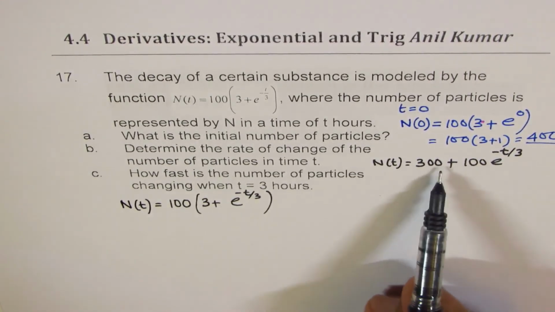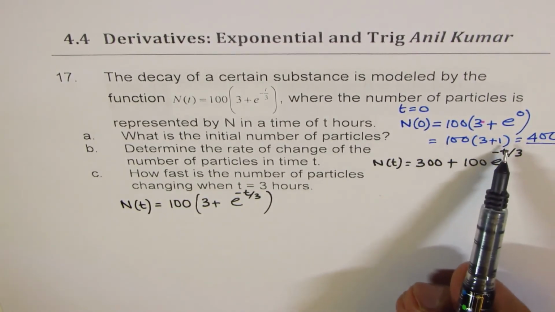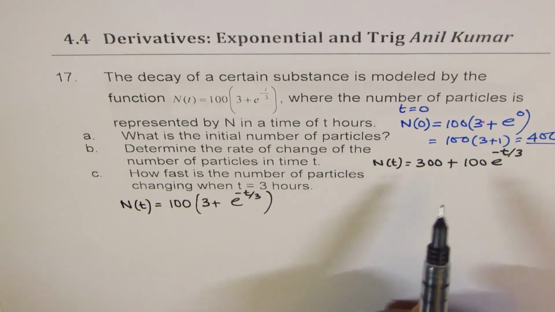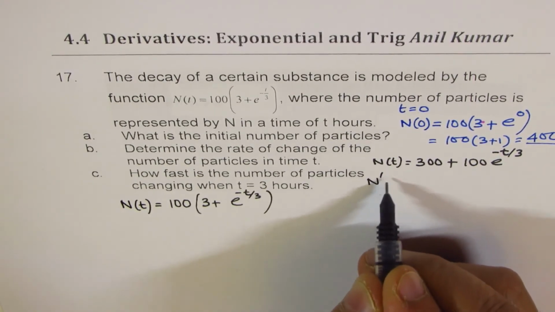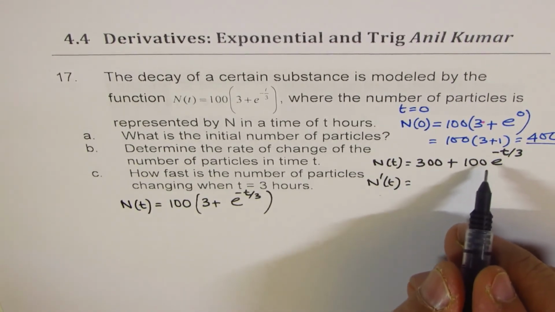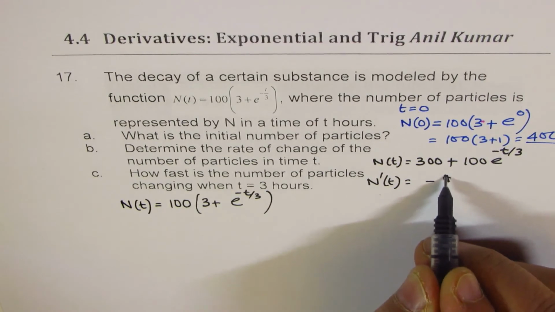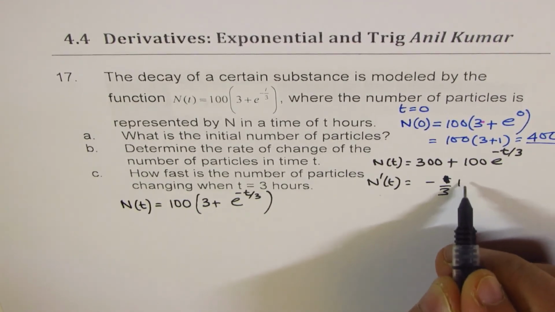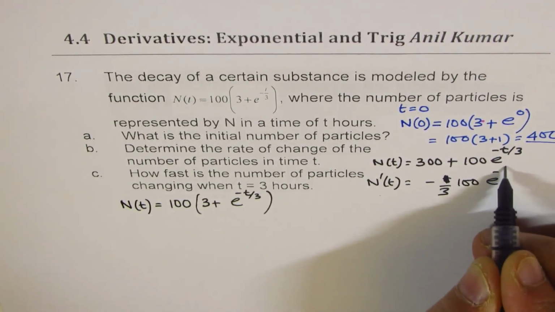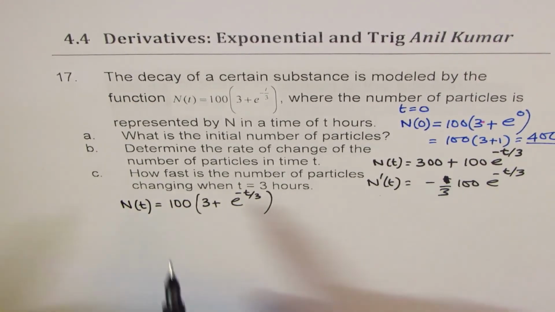So actually this is a better equation, easier to work with. It clearly gives you why we got 400 answer. Now we'll find the derivative. The derivative of this function will be, this is a constant, so 0. So here we get negative 1 over 3 of 100 e to the power of minus t over 3, right? So that is the derivative.